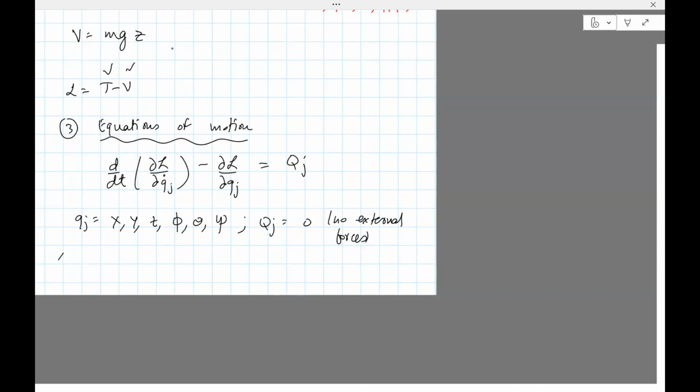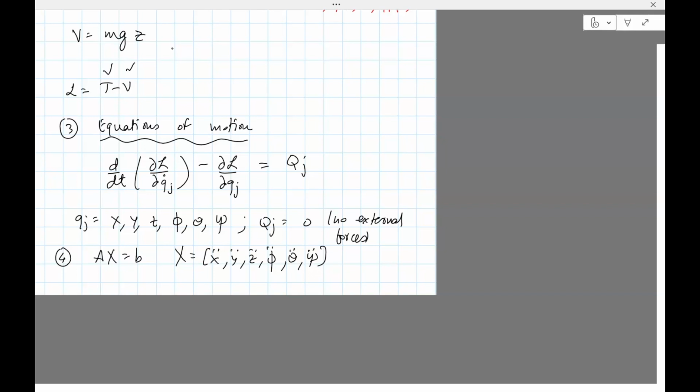Once we get the equations, we can write Ax equals b, where x would be x double dot, y double dot, z double dot, phi double dot, theta double dot, psi double dot, and then you can just integrate the equations. Once you get acceleration, you integrate once to get velocities, and once more to get the positions. It's something we've done in the past. So that's the whole process.